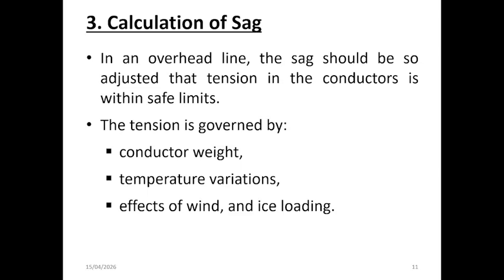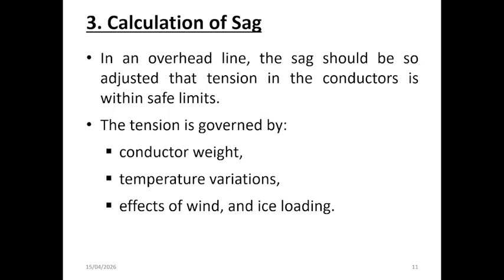The weight of the conductor is the primary factor, as it directly determines how much the conductor will sag under gravity. Temperature variations also play a significant role, since the conductor expands in high temperatures and contracts in low temperatures, affecting both sag and tension.